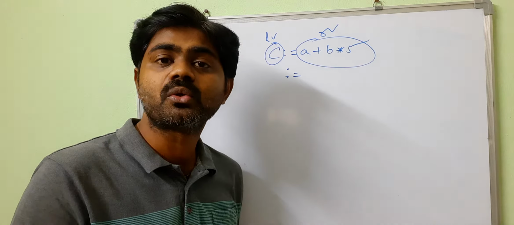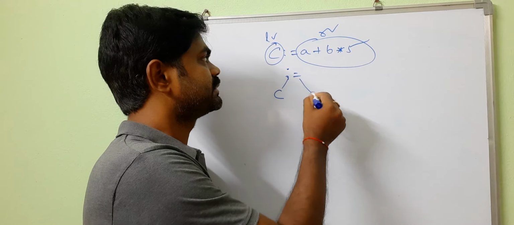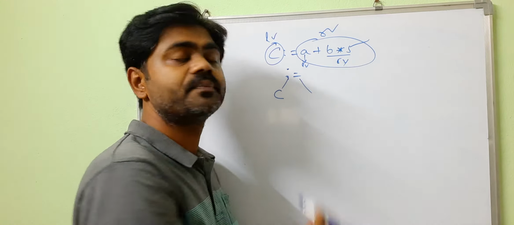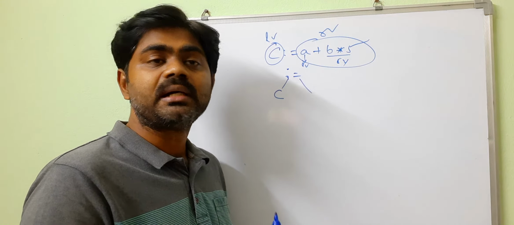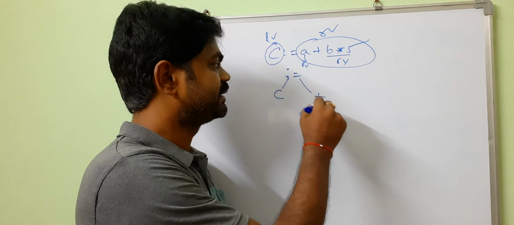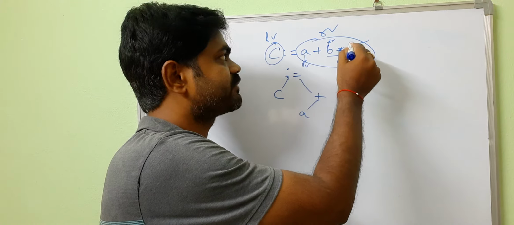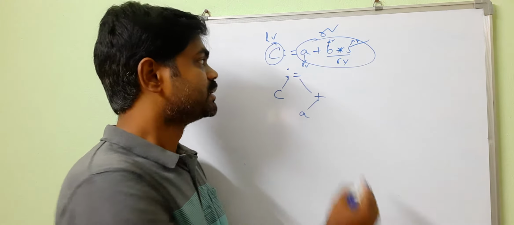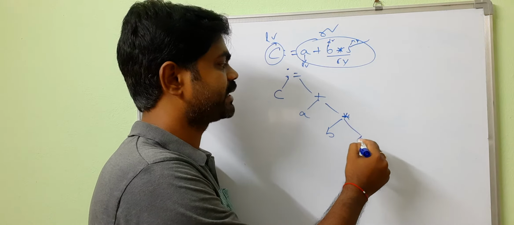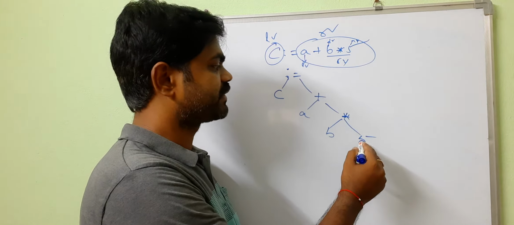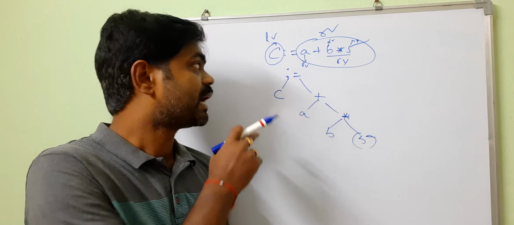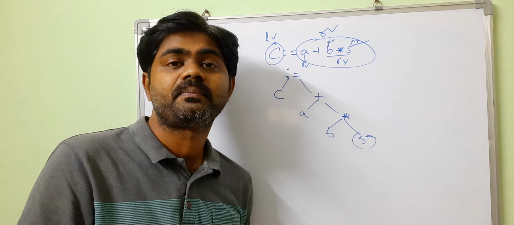So equal to becomes the root, c is the L value, and a plus b into 5 becomes the R value. Now plus becomes the root, the left child is a, b becomes the L value and 5 the R value. Now star becomes the root, b becomes the left child, and 5 the right child. This is the parse tree.